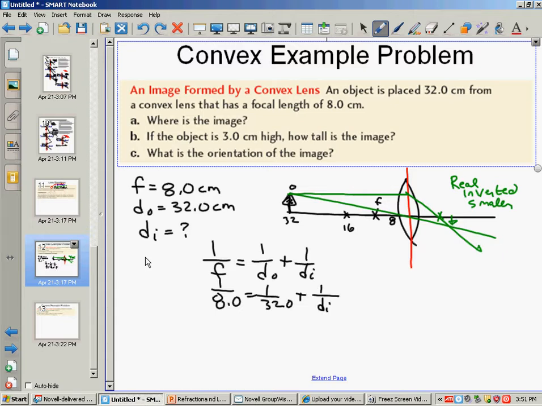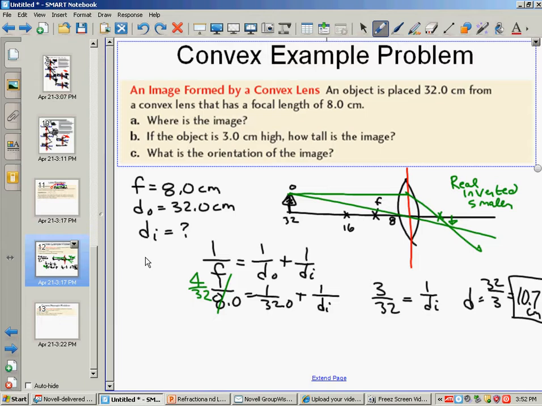So I take 1/8, which is actually 4 thirty-seconds to make common denominators. 4 thirty-seconds minus 1 thirty-second is 3 thirty-seconds, equals 1 over di. So I flip both of these. So di equals 32 over 3, or 10 2/3, so 10.7 centimeters.